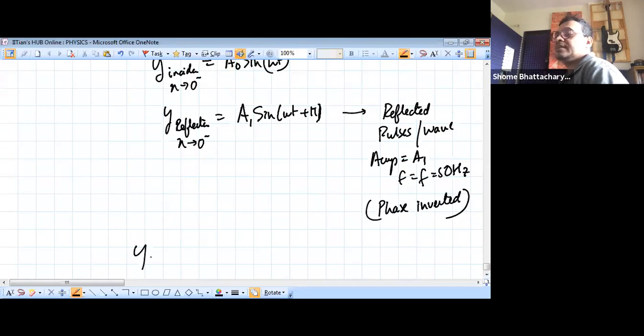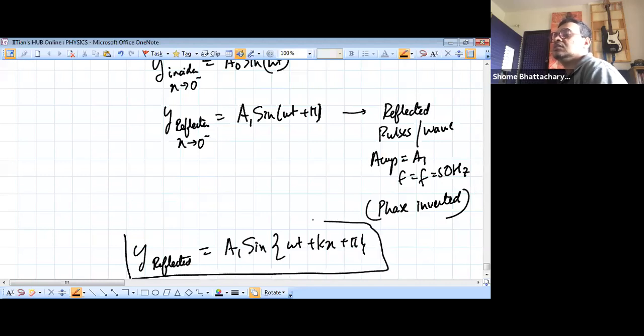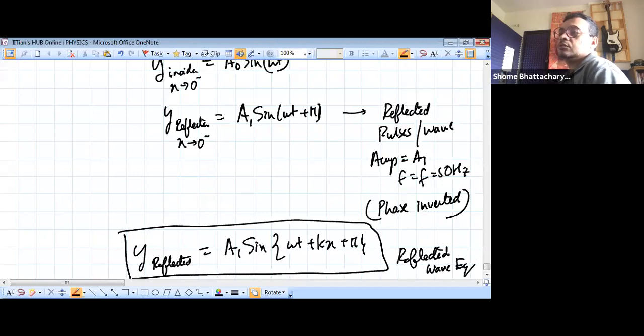So my reflected wave will become A1 sine(omega t plus kx plus pi). This is the reflected wave equation. Okay, so just write down up to here, then we'll talk about the transmitted wave. Then we'll see how to calculate the amplitudes.